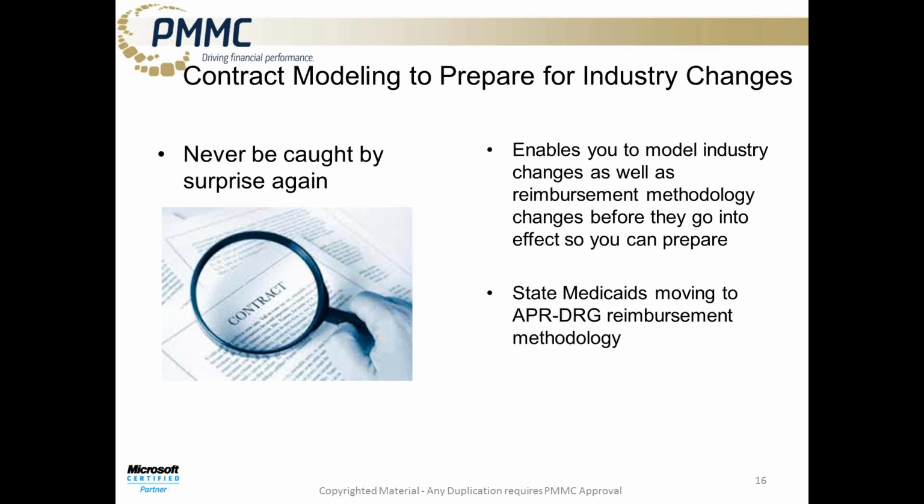Is your expected reimbursement going to change? It's good to know ahead of time. If you're going to have a really big change and it's going to reduce your net revenue with a government payer, there's sometimes nothing you can do about it, but if you know ahead of time, you can budget accordingly.